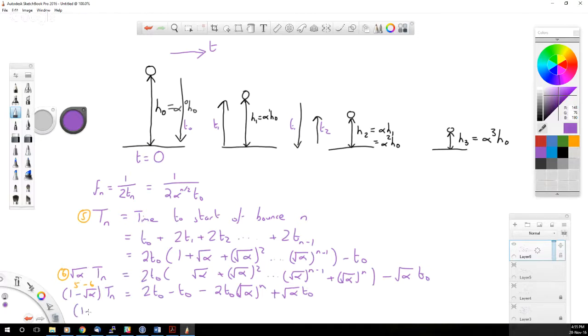Rearranging that, (1 minus root alpha) Tn is equal to T0 (1 plus root alpha minus 2 alpha^(n/2)).